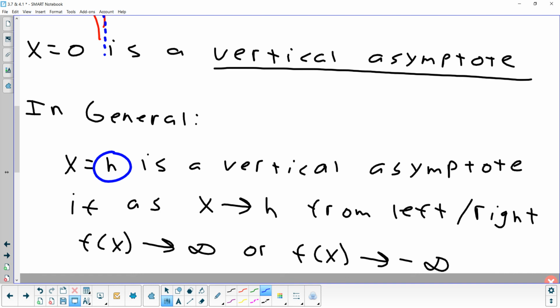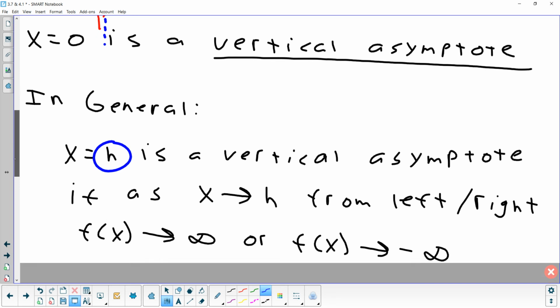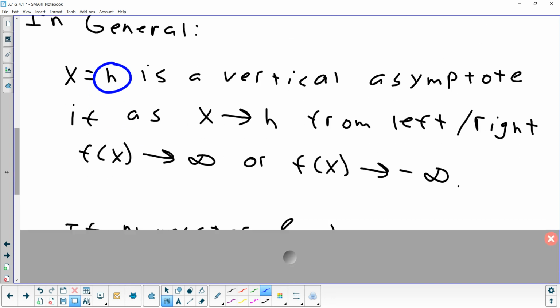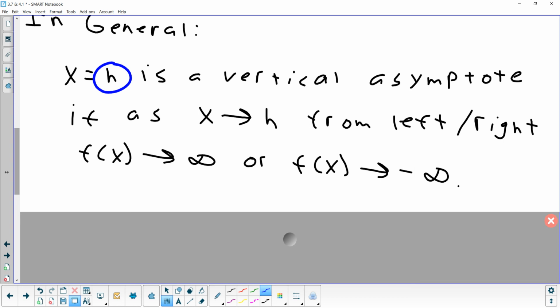Or try 5.0001. Plug in a number very, very close to h on each side. And see if, as you do that, does your graph all of a sudden take off to infinity or negative infinity? That's how you can tell if you have a vertical asymptote.